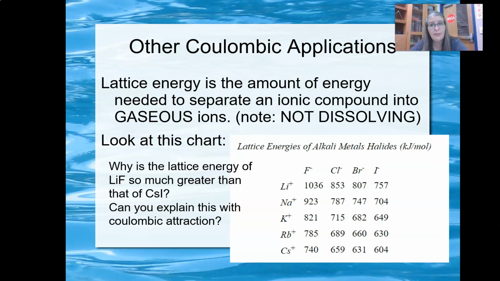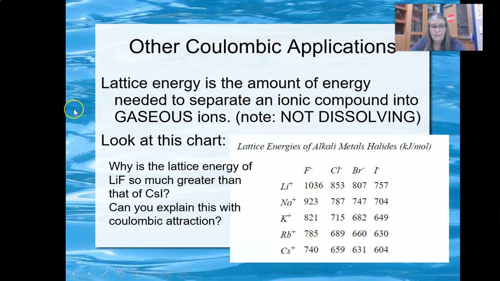It is oftentimes similar, but you cannot make a dissolving argument from lattice energy data because the process is very different. In lattice energy, we are separating these into gaseous ions. In dissolving, there's a whole other set of interactions that we have to deal with between the solvent and the solute. So they're oftentimes similar, but you can't use lattice energies to decide whether something is going to be soluble or not.